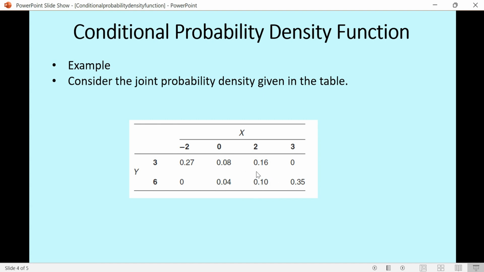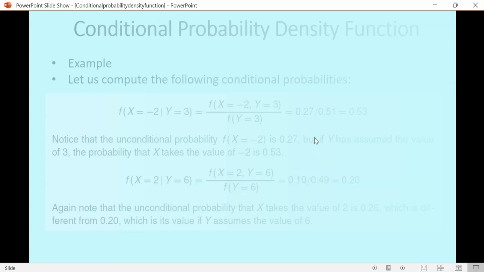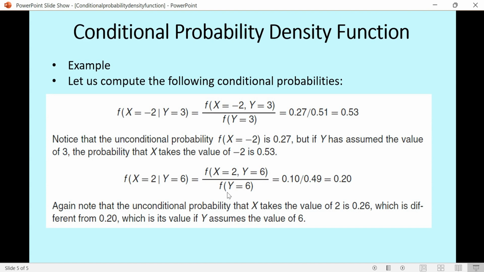So we put the marginal probability of y equals 6 in the denominator and the joint probability of x equals 2, y equals 6 in the numerator. The result is 0.20.